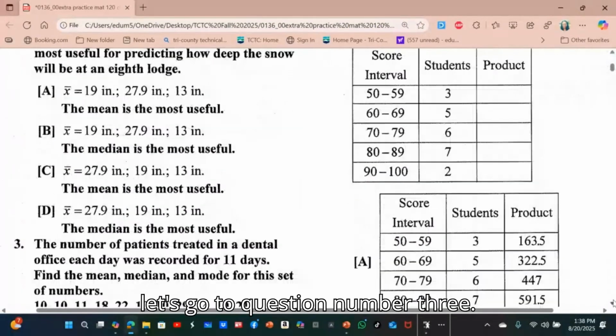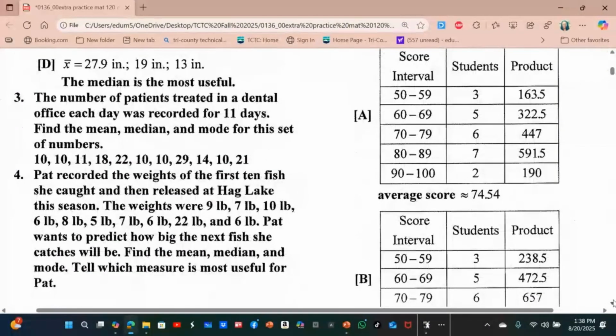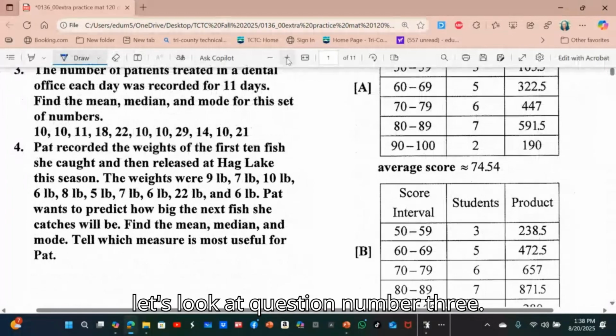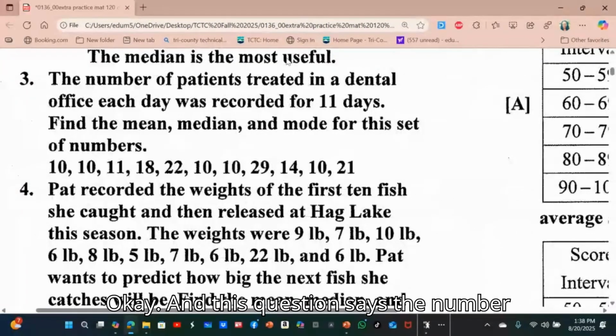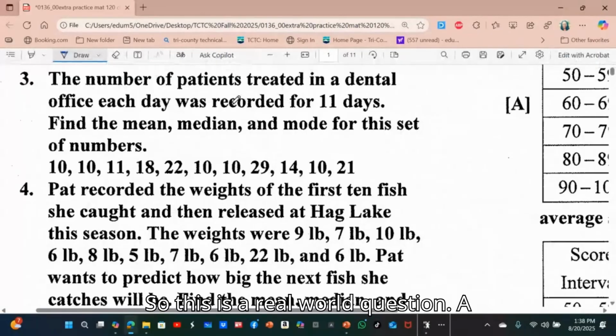Let's look at question number 3. This question says, the number of patients treated in a dental, see, the number of patients. So this is a real world question.